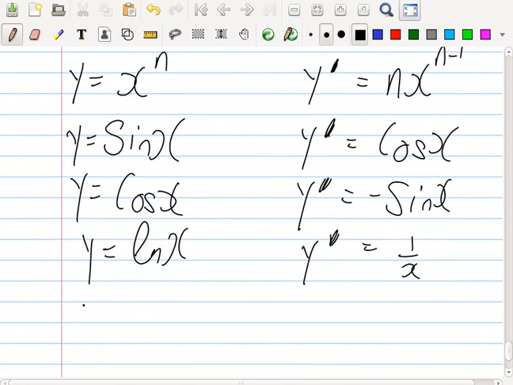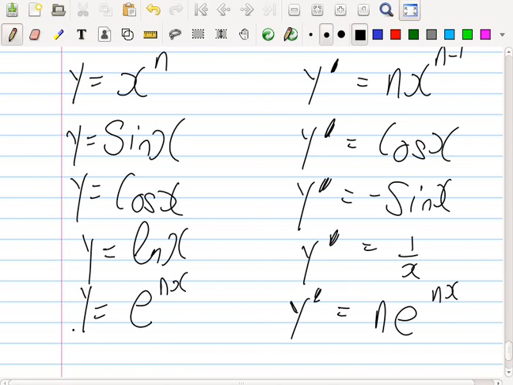And if y equals e^(nx), the derivative is n e^(nx). And finally, if y equals tan x, the derivative is 1 over cos squared x. Make sure you write all of those down now, please.